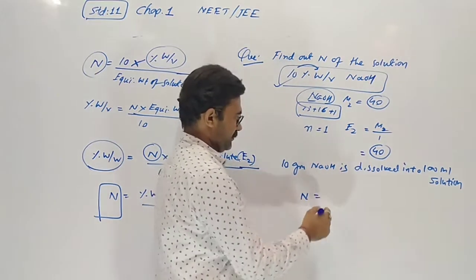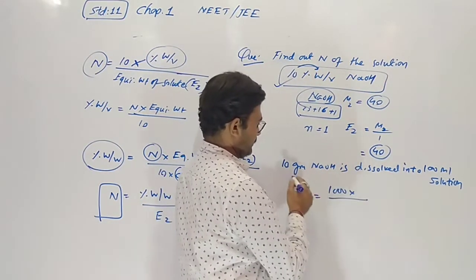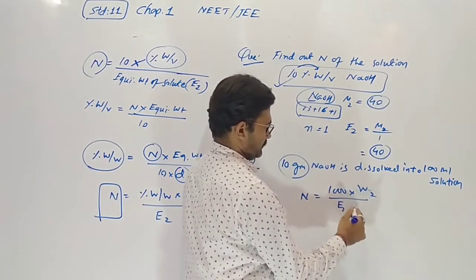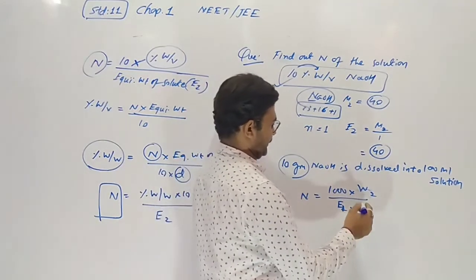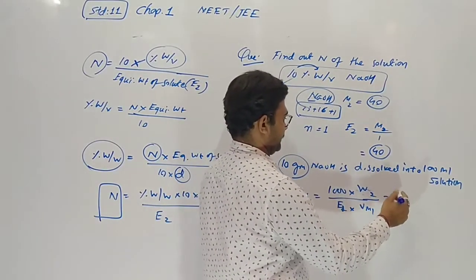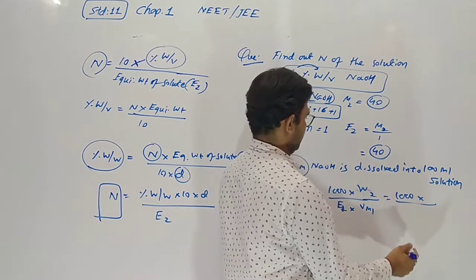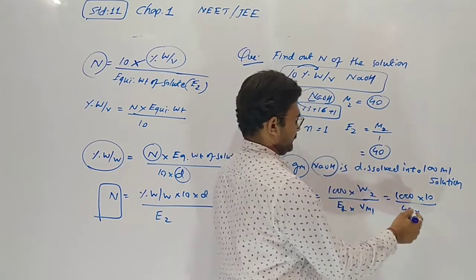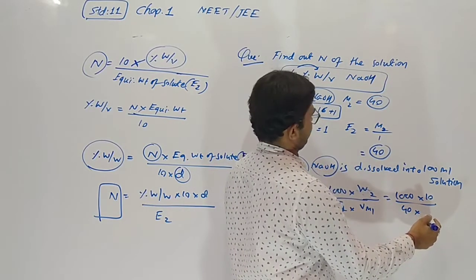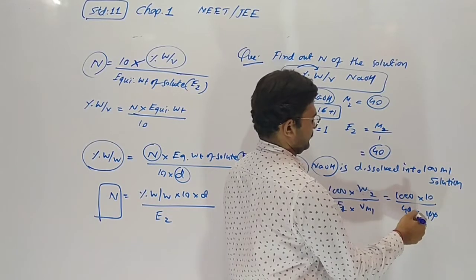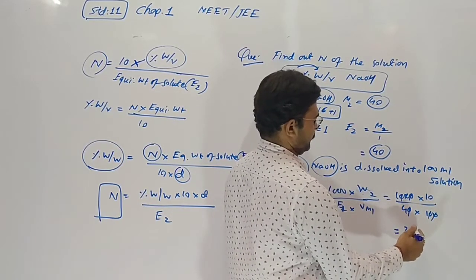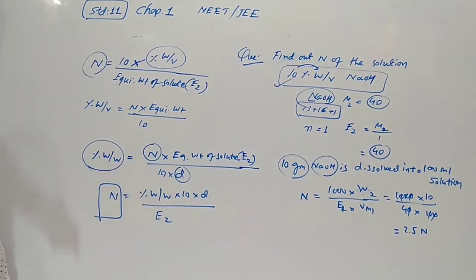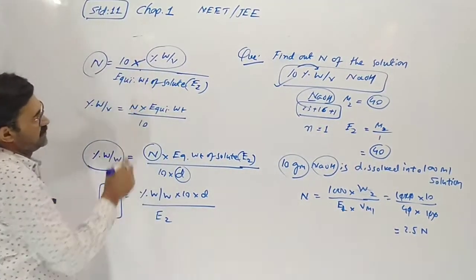So we can find normality: 1000 into mass of solute, then equivalent mass of NaOH and volume in milliliter. 1000 into mass of solute 10, here 40, and volume in milliliter is 100. 10 by 4 gives 2.5 normal. Here we can derive it directly using this formula.